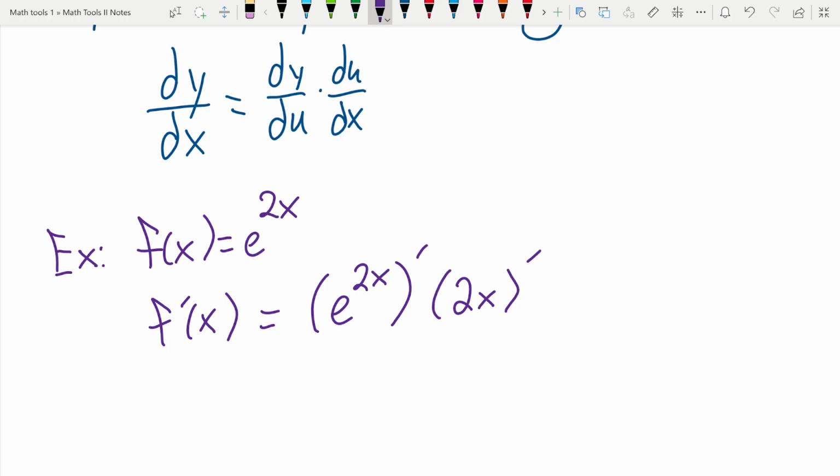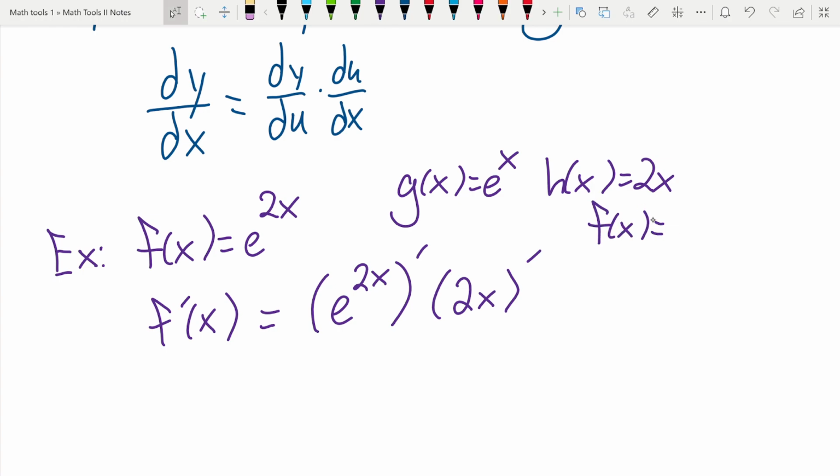In other words, if we rewrote this as g of x equals e to the x, h of x equals 2x, then f of x equals g of h of x. So you would do the derivative of g of h of x. In other words, the derivative of e to the x, and then you put h of x in there, times the derivative of h of x, which is this part. So this is what we have here.